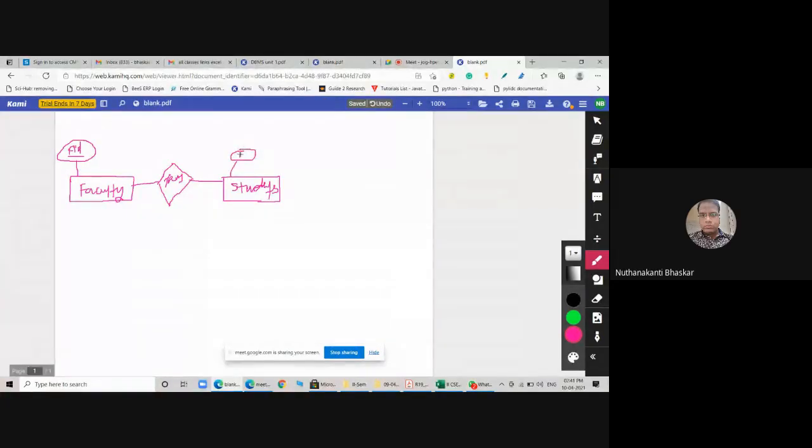Student hall ticket number is which type of attribute? Key attribute. Now coming to the faculty name, F name. Which type of attribute is it?